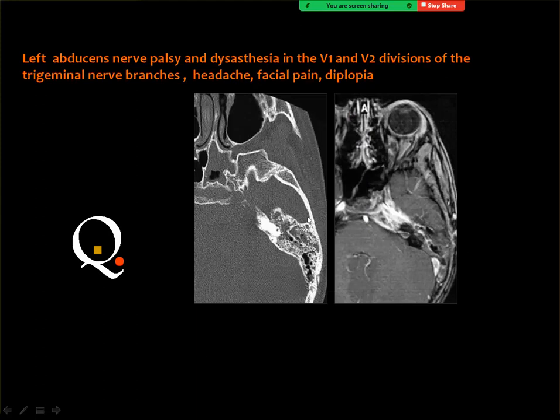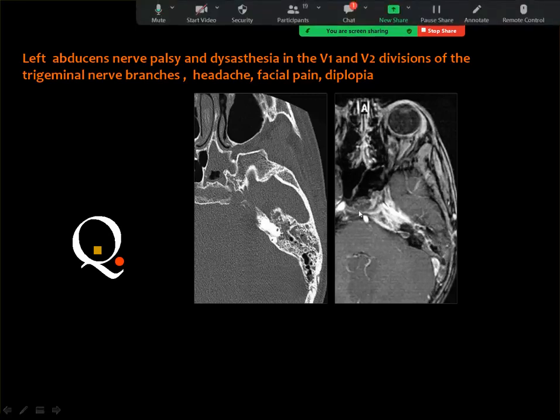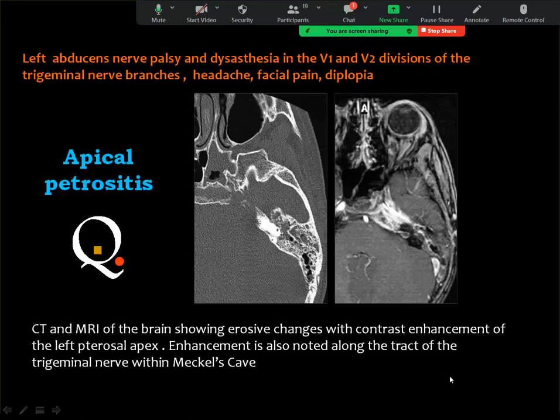And you see here opacification of the middle ear cleft and mastoid air cells denoting otomastoiditis. You see some erosive changes in the apex of the petrous bone. On MRI, you get opacification of the mastoid and middle ear cavity with no post-contrast enhancement, but you get enhancement of the apex of the petrous bone, and this is known as apical petrositis, which is a known complication of otomastoiditis, and it will result in Gradenigo syndrome as you answered.